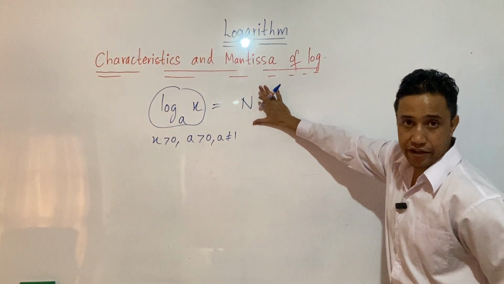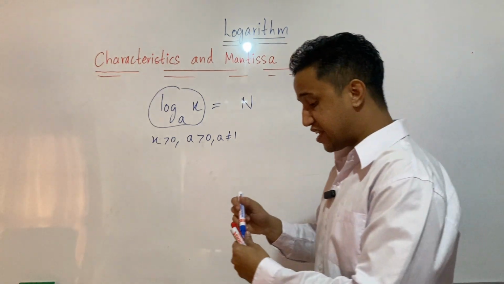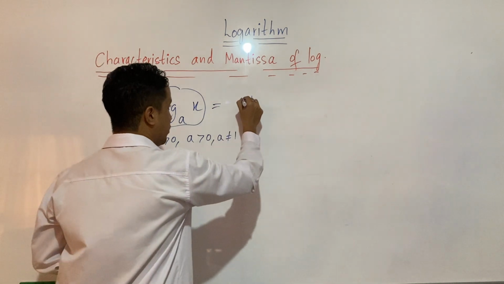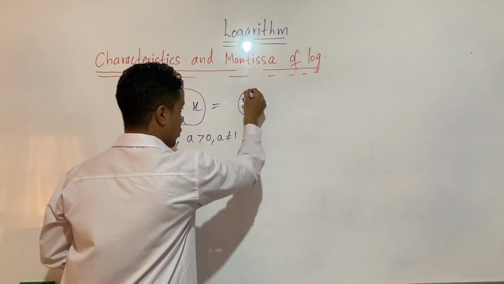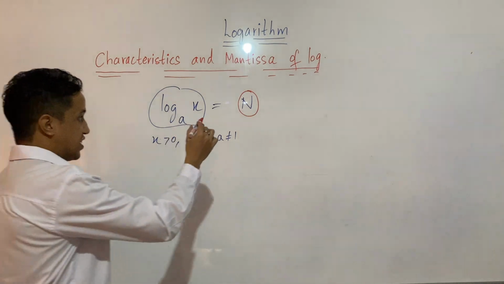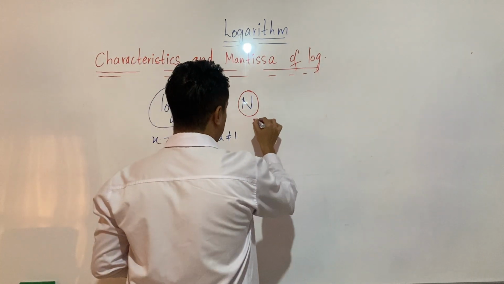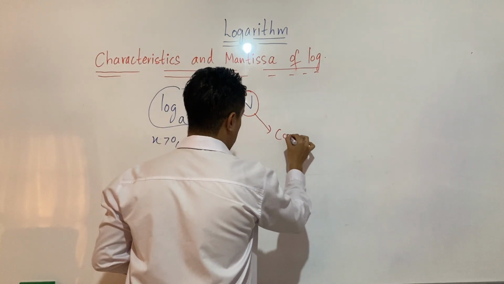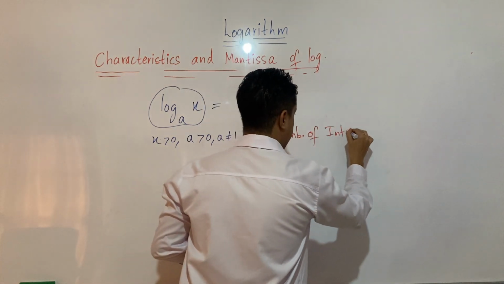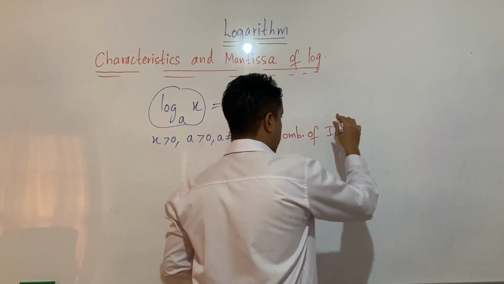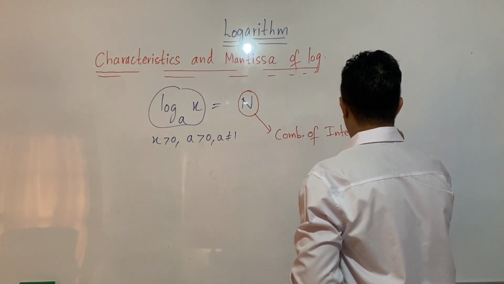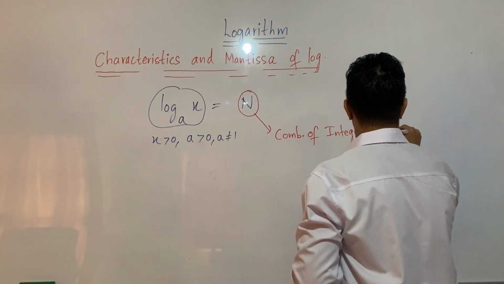Okay, so whenever we take the logarithm of any number, we get some value in return. Now, the thing here is that the value we get in return, this n, is a combination of integer and fraction.